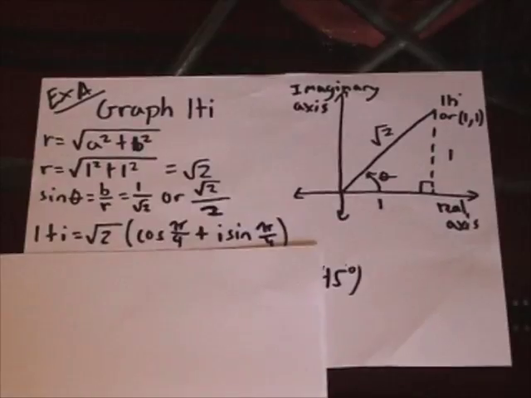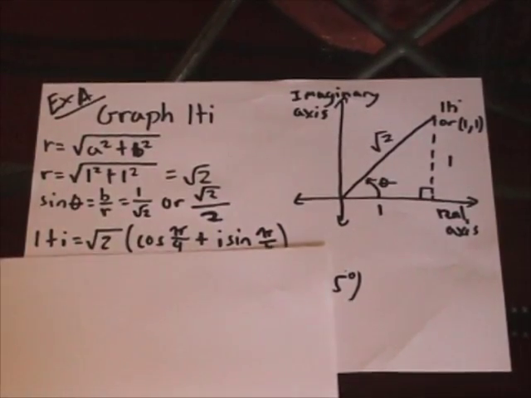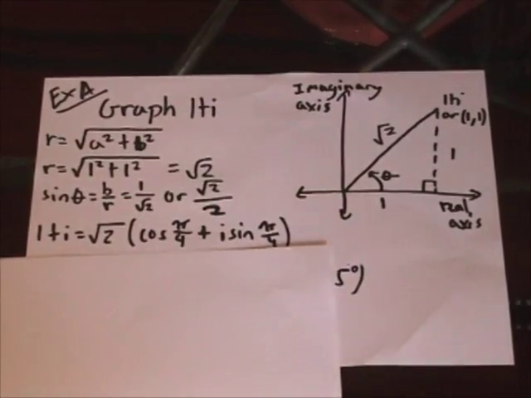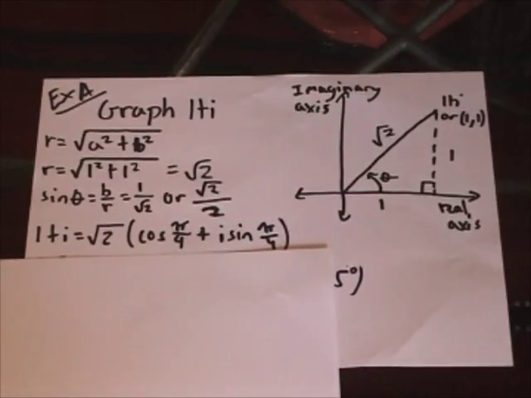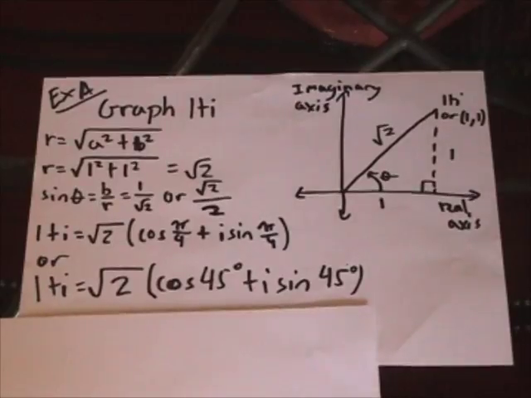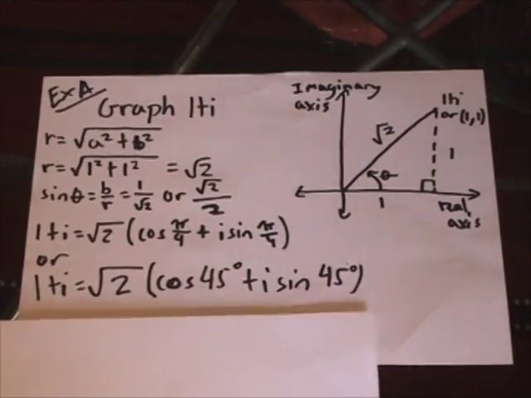And cosine theta is equal to a over r, which is equal to 1 over root 2, or root 2 over 2. So in the end, you know that 1 plus i is equal to root 2 times the quantity of cosine pi over 4 plus i sine pi over 4. Or 1 plus i equals root 2 times the quantity of cosine 45 degrees plus i sine 45 degrees.